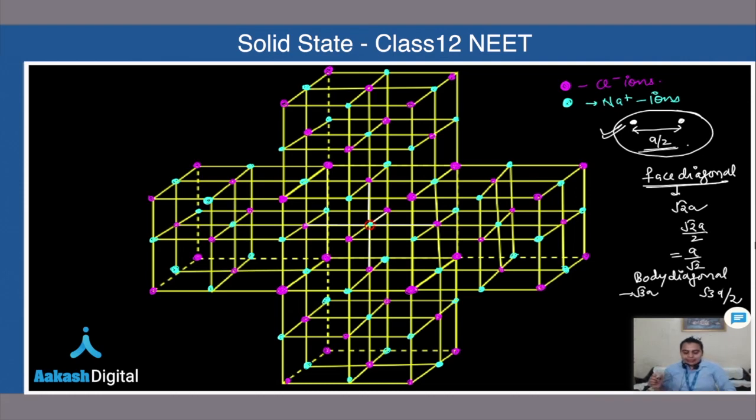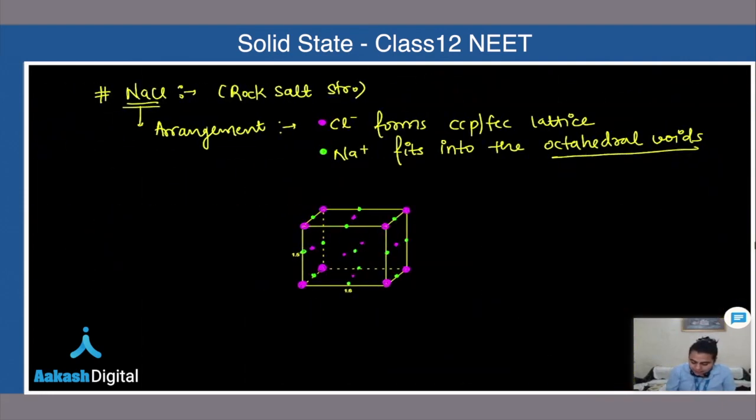These 6 particles are at a distance of a/2 from my Na positive ion. Isn't it, everyone? So its first coordination number is equal to 6. My first coordination number is equal to 6.